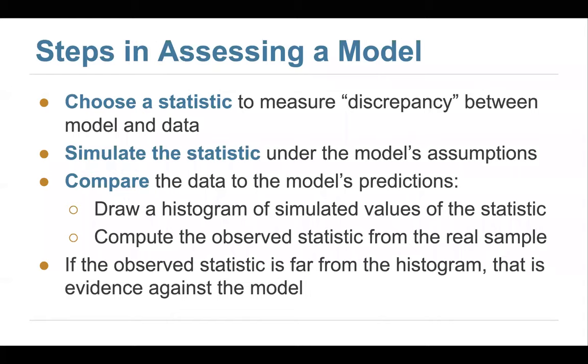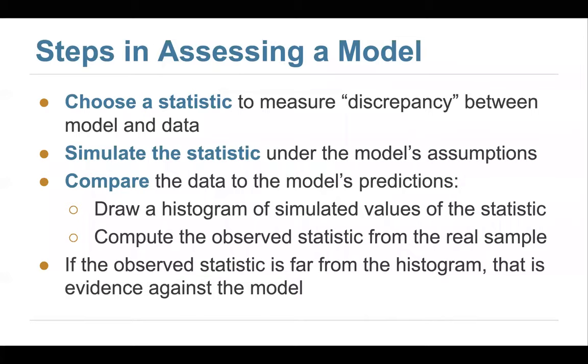In the case of the jury, the statistic we chose was the percent of people that are black out of 100. The observed statistic was 8 out of 100, and the simulated statistics were all the different values we saw there, sometimes as low as 15, sometimes as high as 35%.